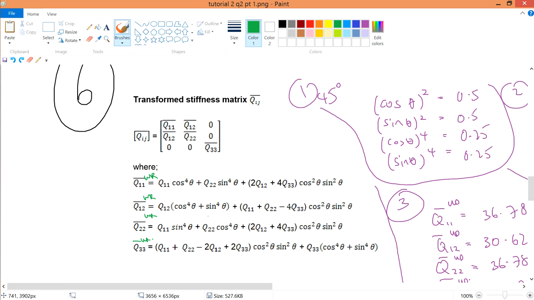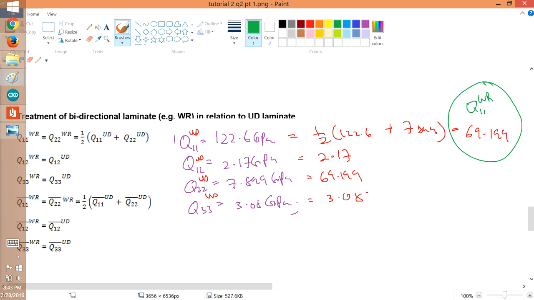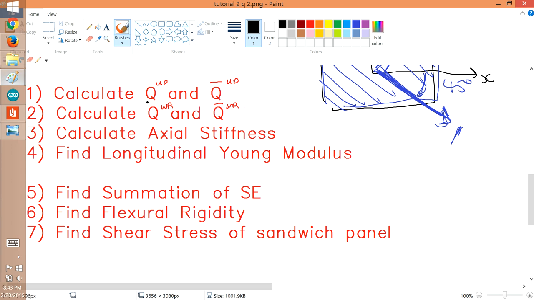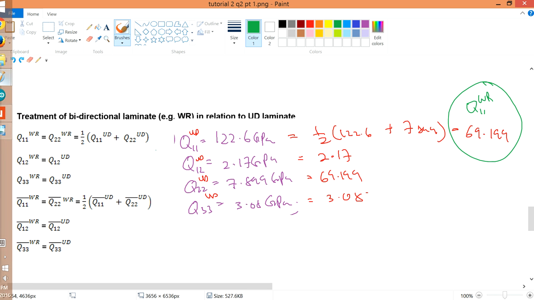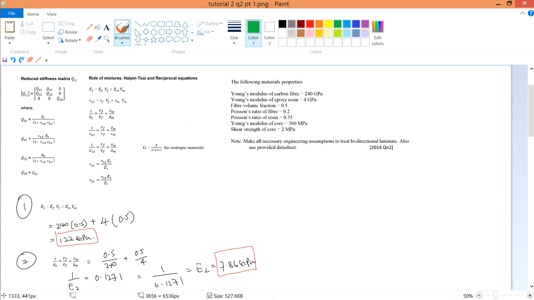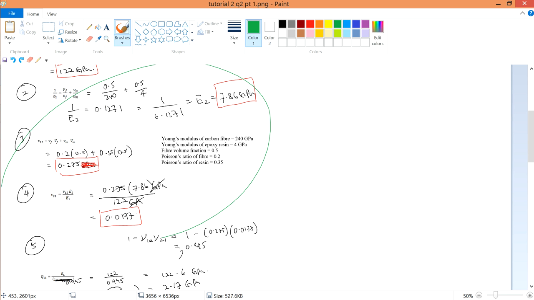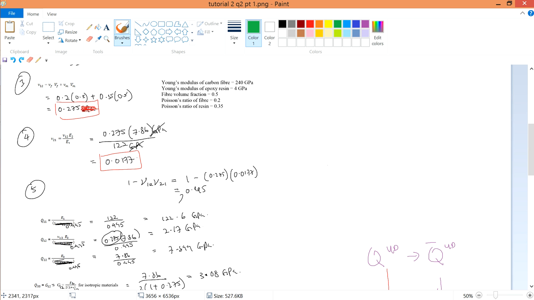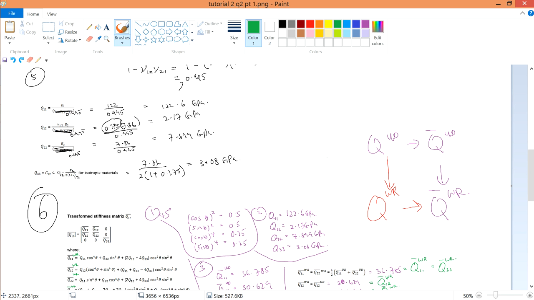Hopefully this is pretty clear, and therefore just a recap, a summary. In calculating this Q, first you calculate your Q using the old methods of finding the Poisson ratio and the Young modulus.